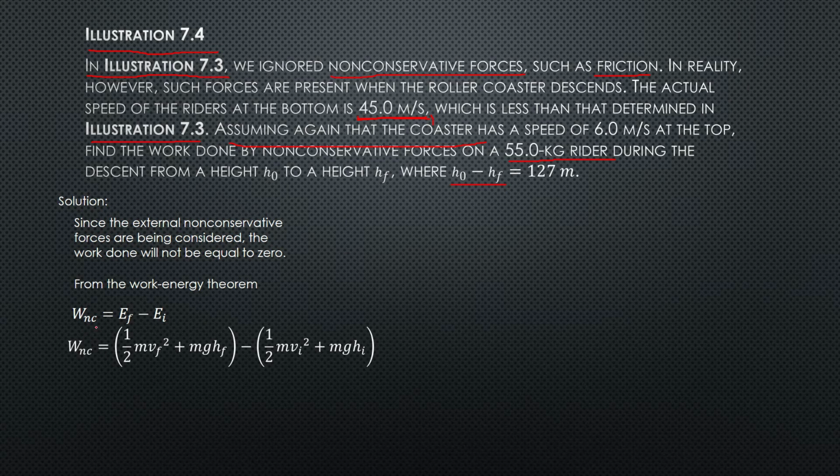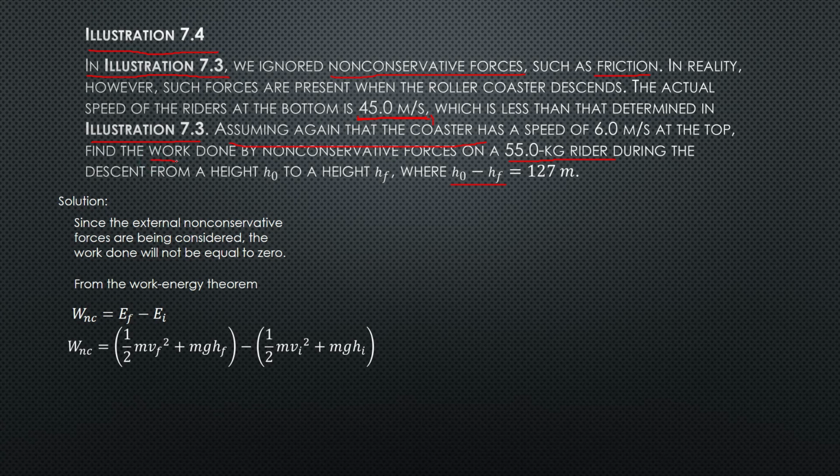So the net work done will be equal to the final minus the initial mechanical energy. Mechanical energy is equivalent to kinetic energy plus potential energy. So we have one half m v final squared plus m g h final, minus one half m v initial squared plus m g h initial.